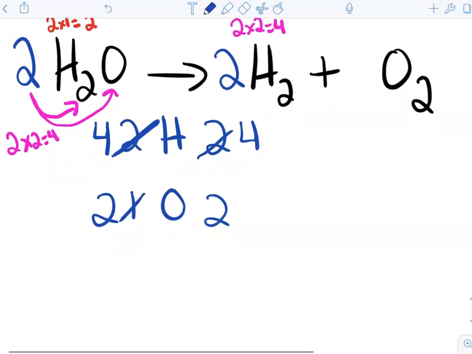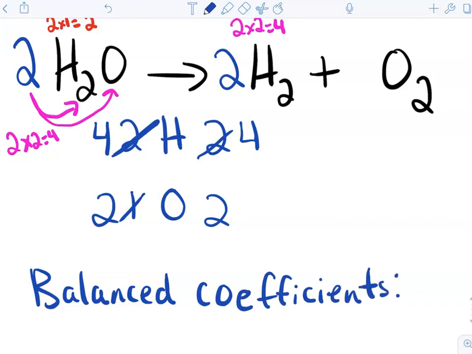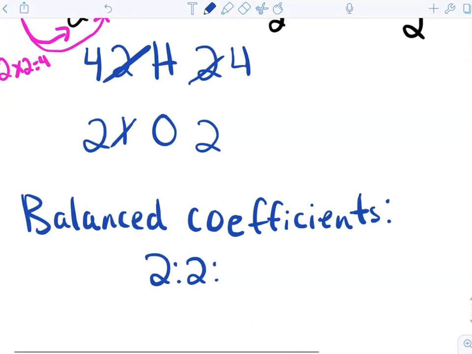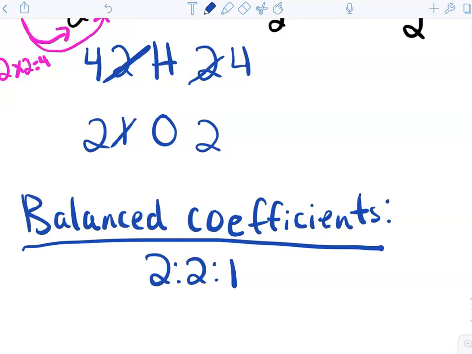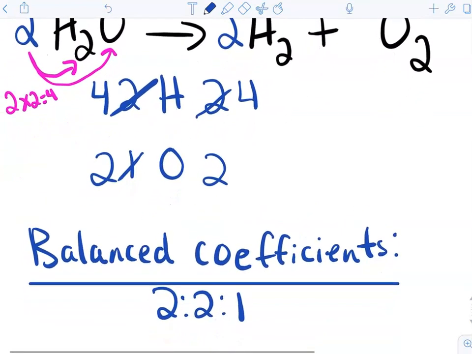That means that my balanced coefficients are 2, 2, and then 1. If there is not a coefficient in front of an element or a compound, it's just understood to be a 1. Okay? So let's work through another one.